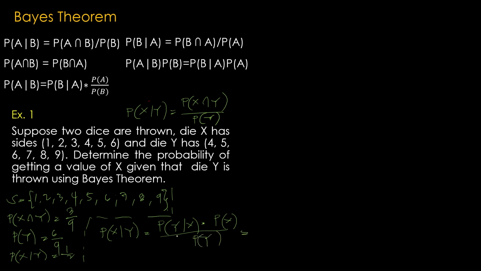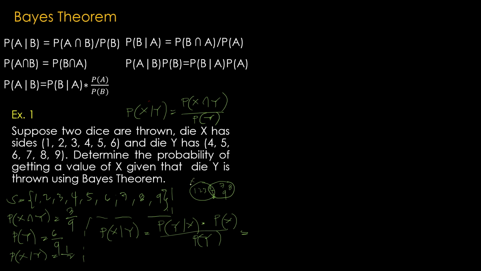So wherein the probability of y given x, again, if we try to go back to our Venn diagram, if this is 1 2 3, this is where 4 5 6 resides, because this is the intersection. 4 5 and 6, 7 8 and 9. The probability of y given x would be the ratio between the intersection of y and x divided by x.